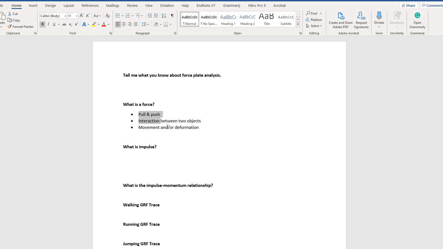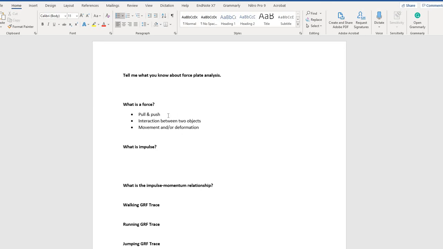And I've only written some basic information under here. I'm not giving away too much. I've just written under what is a force, I've bullet pointed push and pull, interaction between 2 objects, and movement and or deformation, in that it causes movement and or deformation.